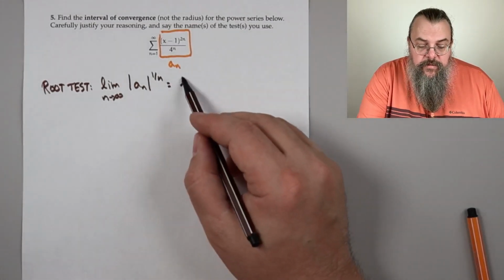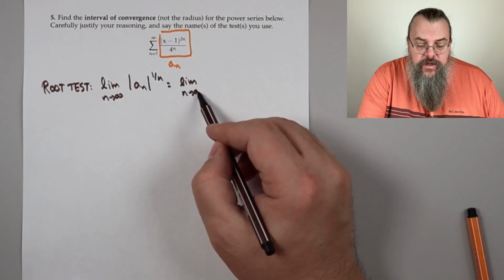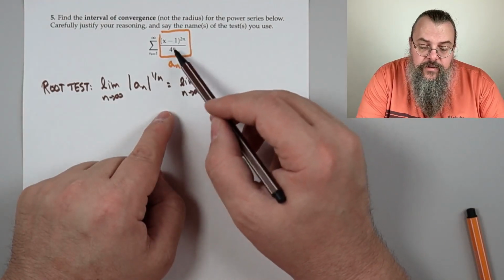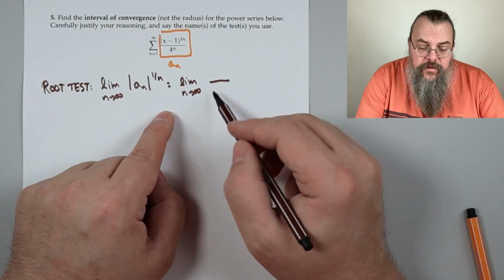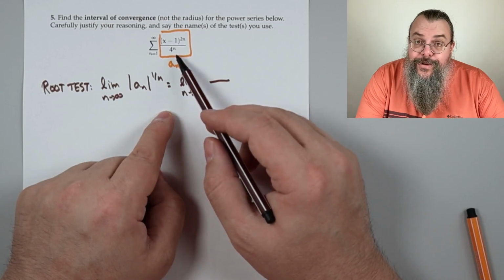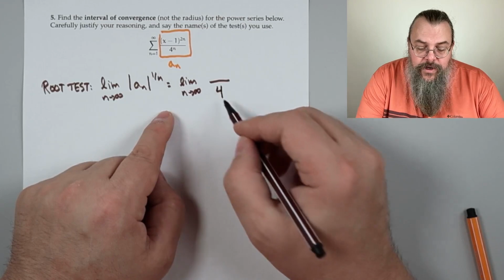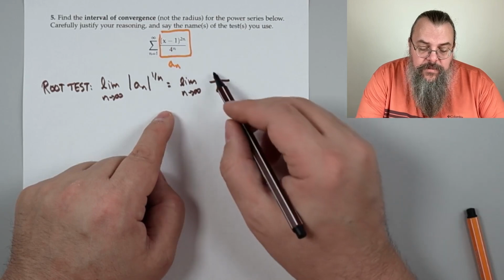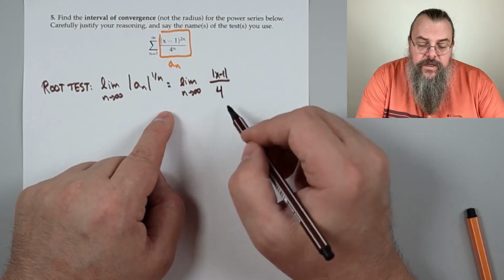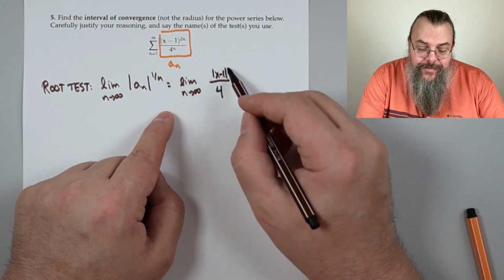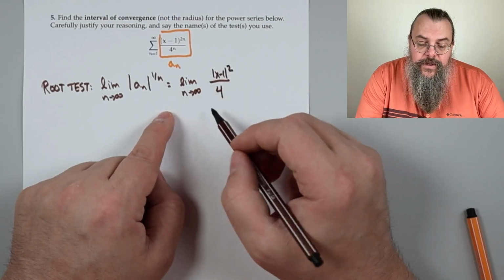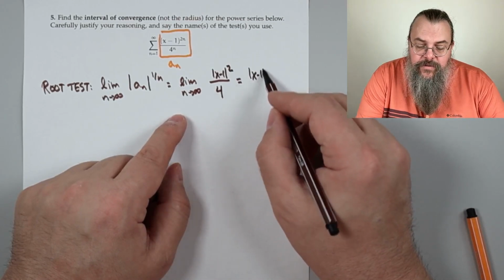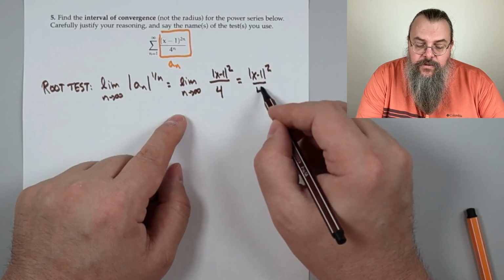When we're taking our absolute value here, the downstairs is always positive, and so we can take the nth root of 4 to the n, which leaves us with 4, and here we can push in the absolute value, so it becomes absolute value of x minus 1. Now we take the nth root of 2 to the n, and that gives us 2. Notice there are no n's, so that simply becomes absolute value of x minus 1 squared over 4.